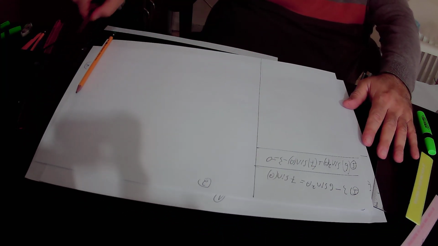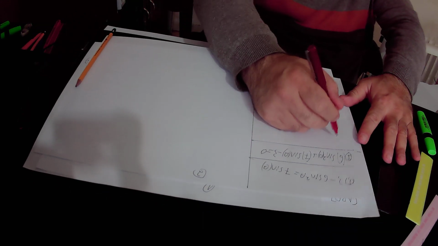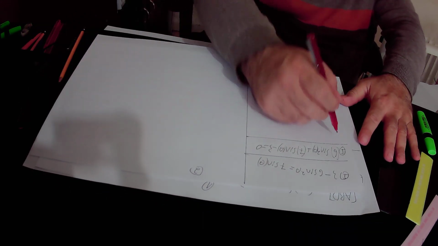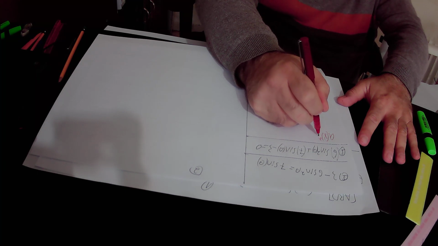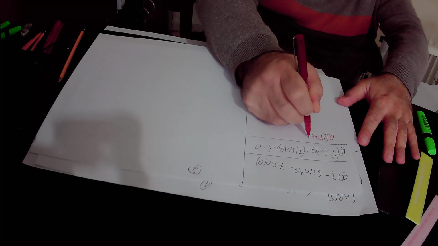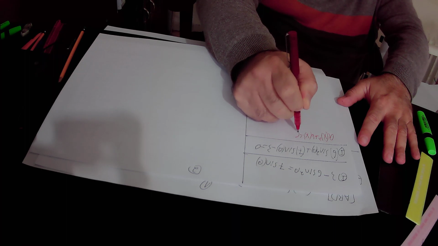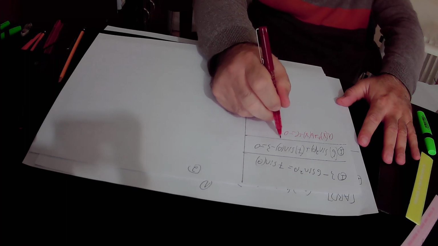And the general formula for a quadratic equation is ax squared plus bx plus c equals 0.